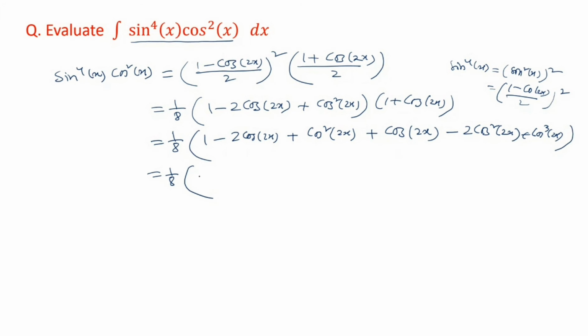So this is equal to 1 over 8, now 1, minus 2 cosine 2x plus cosine 2x, so this is minus cosine 2x, and cosine square 2x minus 2 cosine square 2x, this is minus cosine square 2x, and this is cosine to the power 3 of 2x.